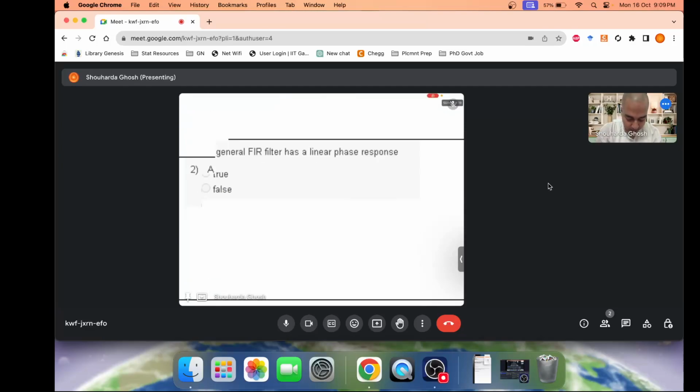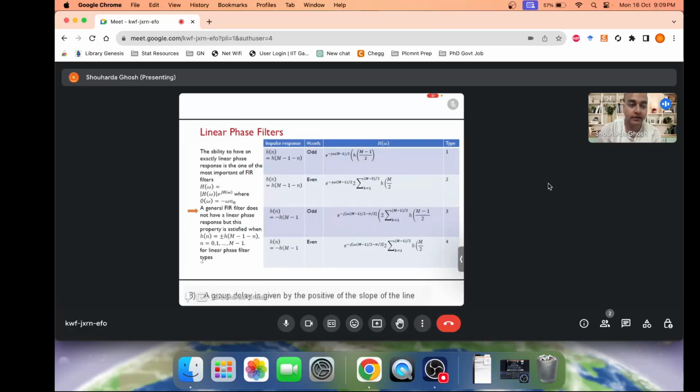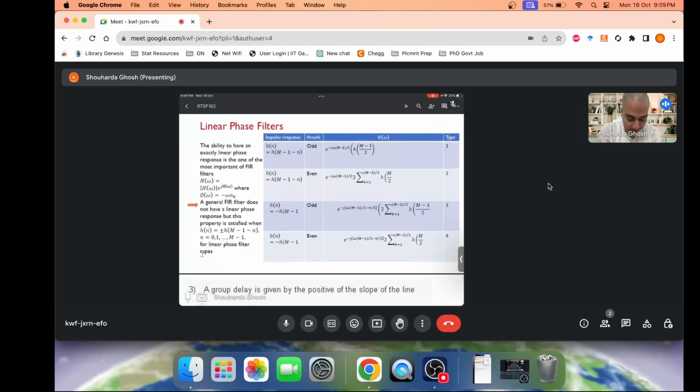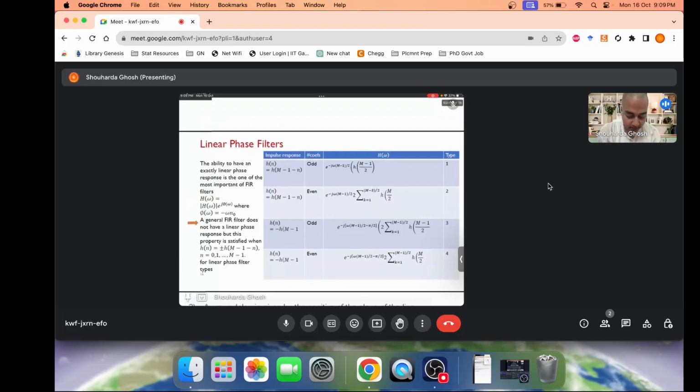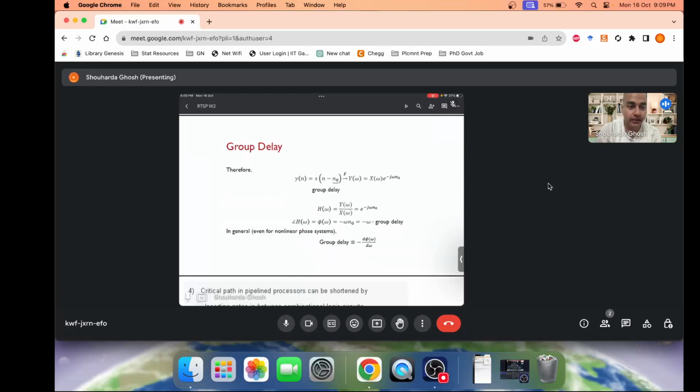Okay, so all of these were covered in the previous lectures. Please refer to them. Linear phase filters, you see this kind of symmetry that you need to look at. The last coefficient is equal to the first coefficient and so on. Okay, and then the concept of group delay.